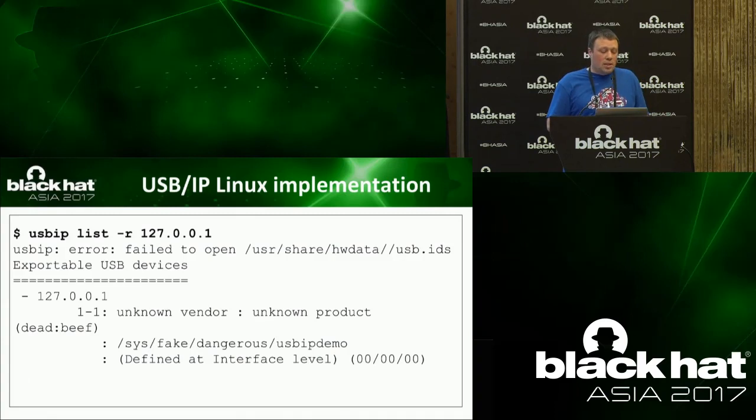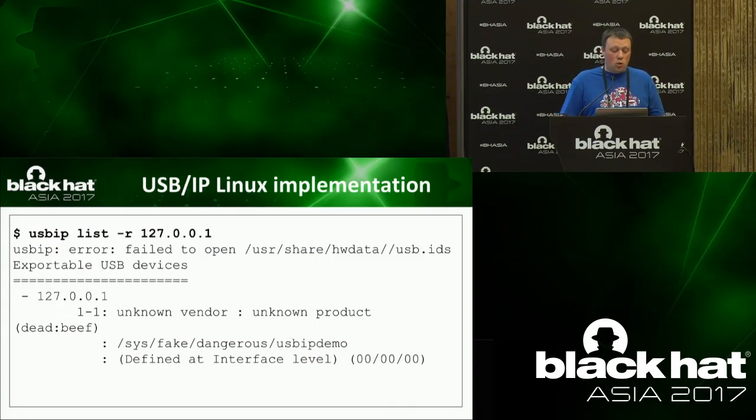You just send the list command and the IP address of the server or the host name. In this example, we see that the server exports one USB device. You can see its properties, so you can see the vendor ID and product ID. You can see the physical device path and some other useful information.